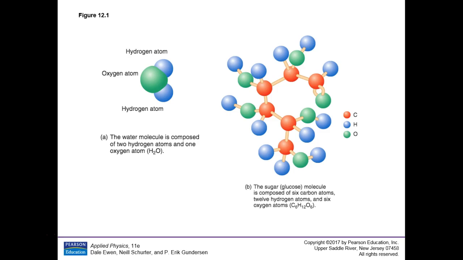Y'all know your stuff here. Okay, protons are positively charged, P positive. Electrons are negatively charged. Neutrons are not negative, even though it starts with N. They're neutral. Neutrons, neutral. They have no charge.